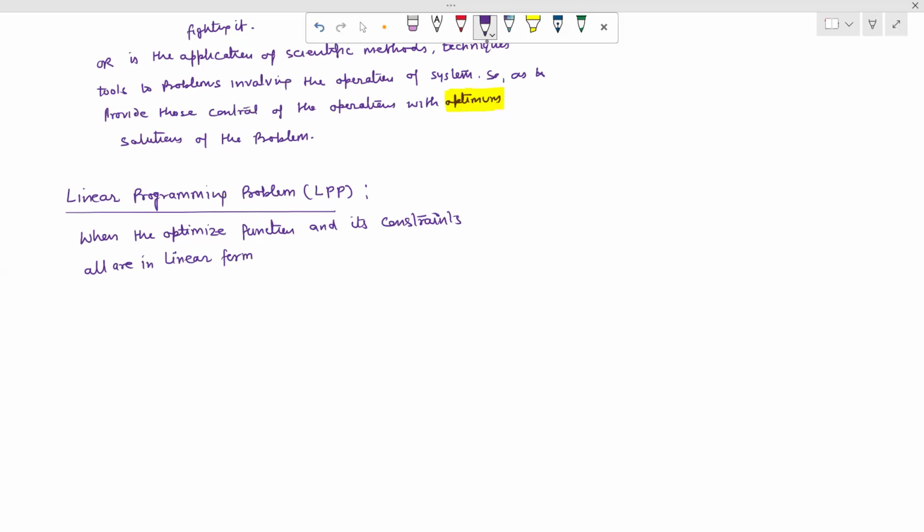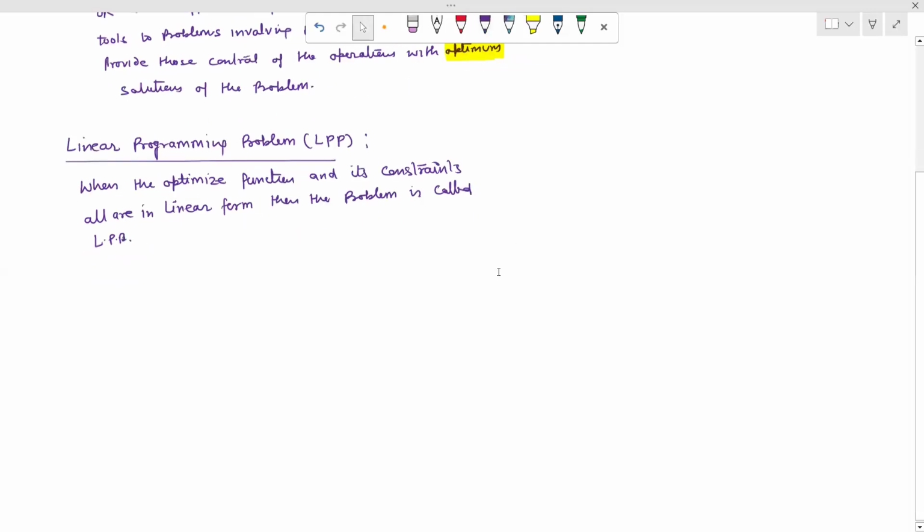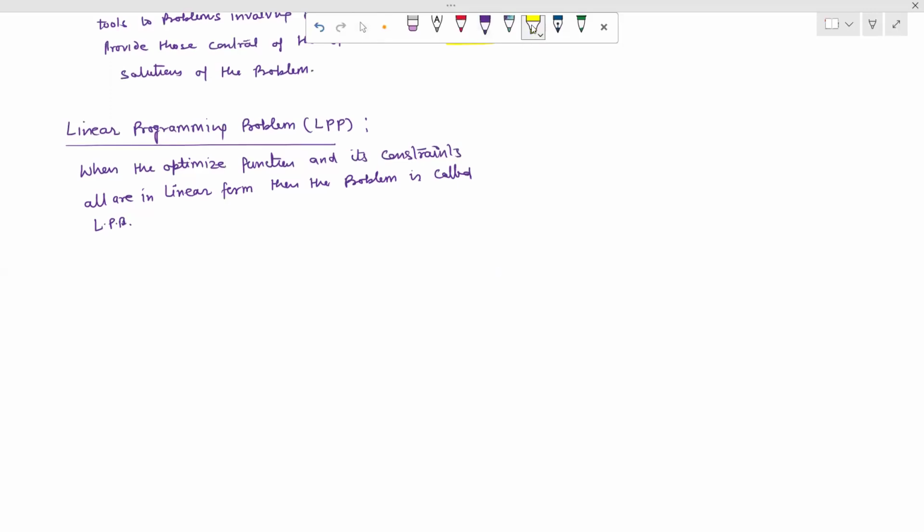then the problem is called a linear programming problem, LPP, otherwise a non-linear programming problem. So we use two words: one is optimized function, and the second is constraints. The optimized function means we are talking about the profit or loss.